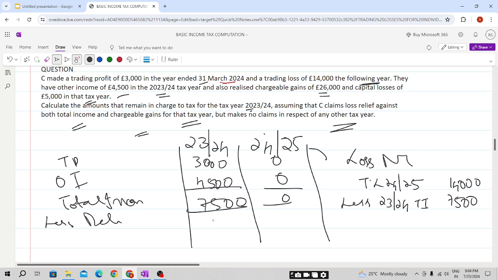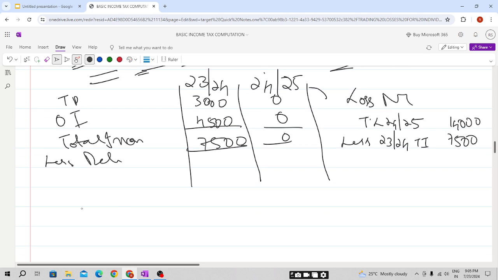Then we have the other option to claim against the chargeable gain. In the question it is specified that C is using it. So we need to calculate the maximum amount. Maximum amount will be, students, the lower of two things. Remaining loss will be 14,000 minus 7,500, 6,500.